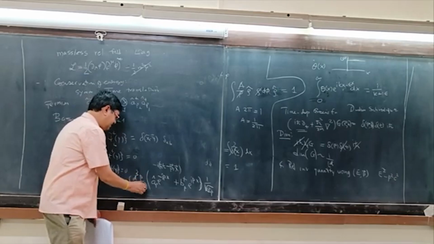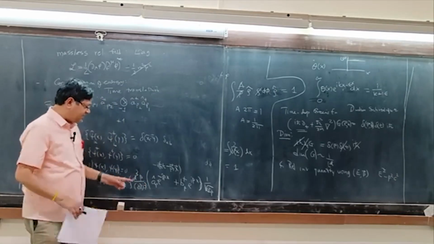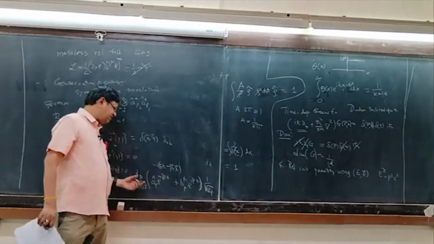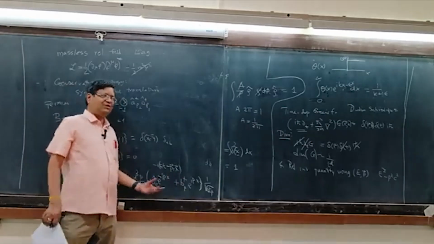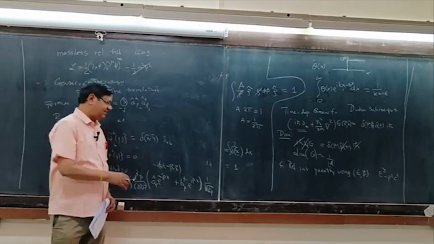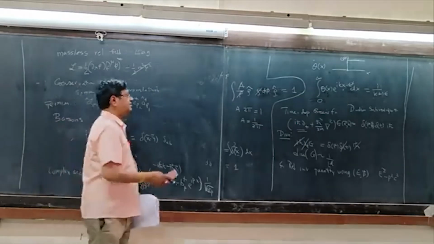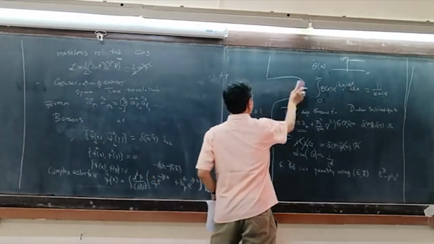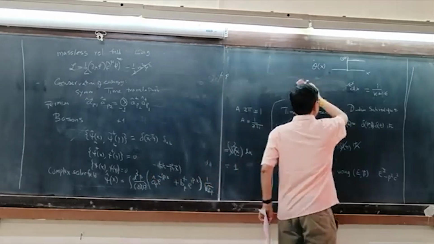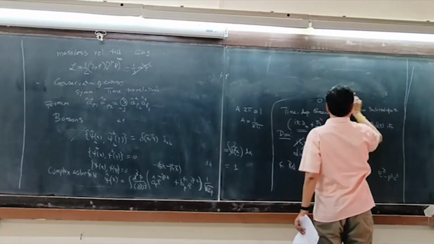Oh yeah, you're right, it is 2π cubed. Okay, but I'm interested in this part only, because I did not cover normalization in the class, so I will let go of the normalization.